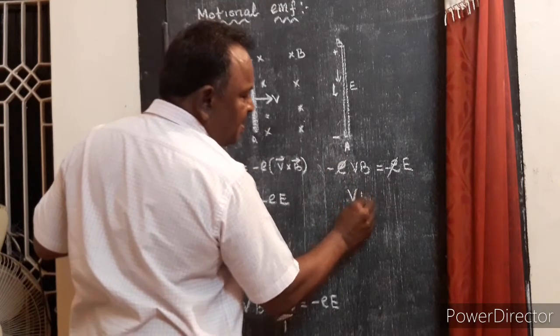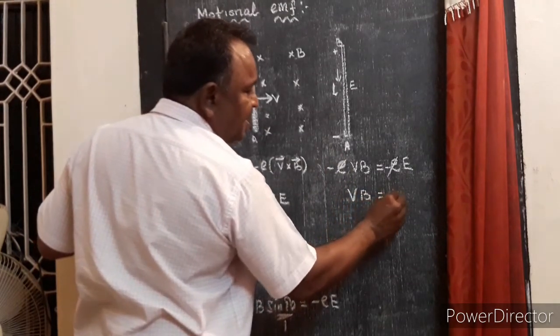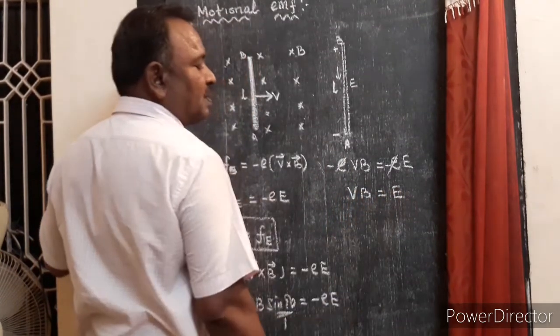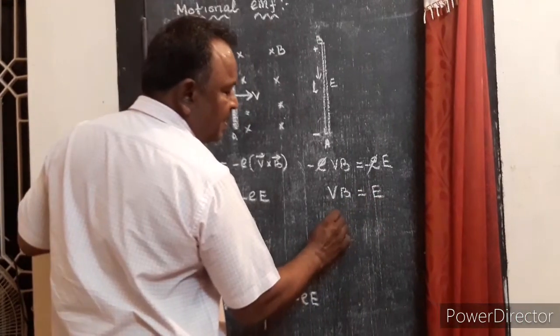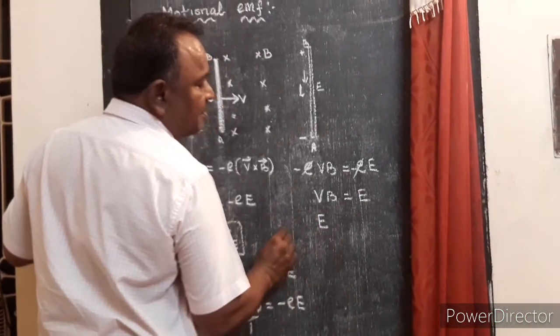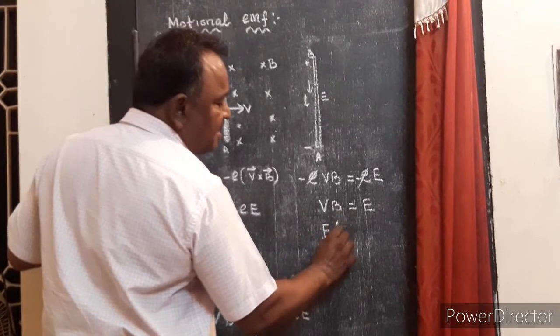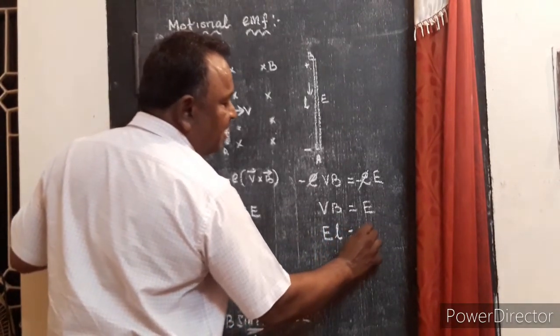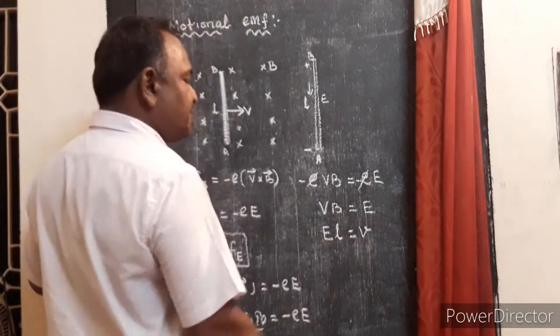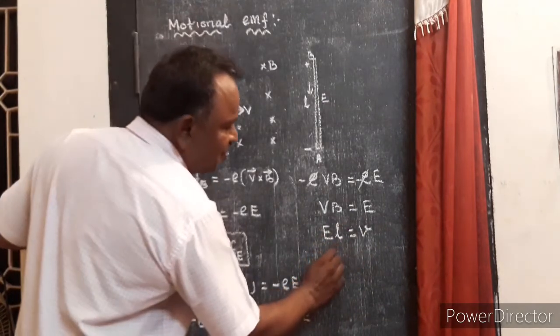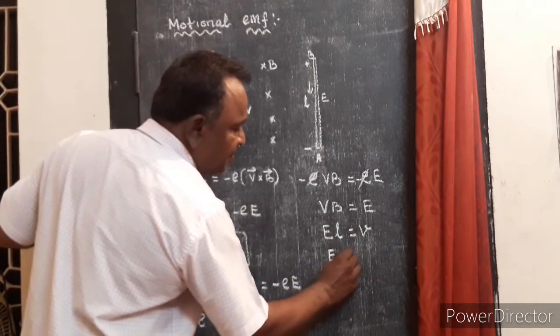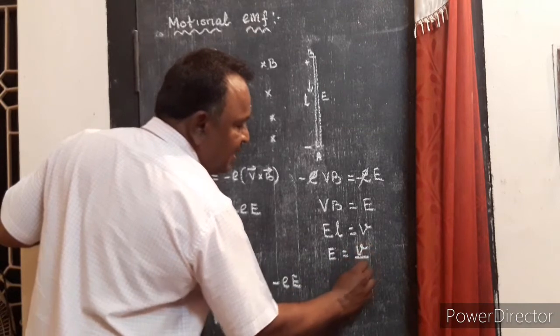So vB is equal to E. But what is E? E times L is equal to V, where V is the potential difference. Therefore, E is equal to V by L.